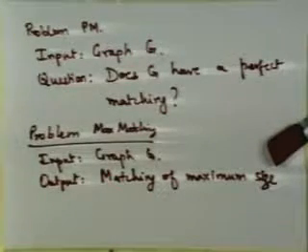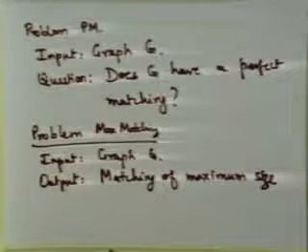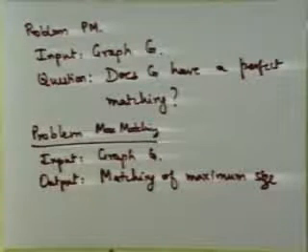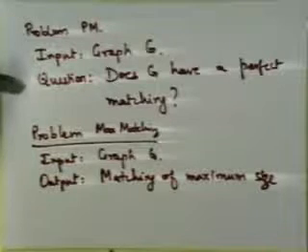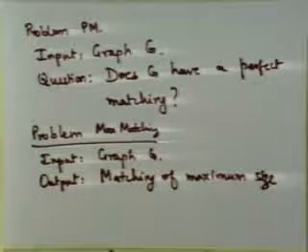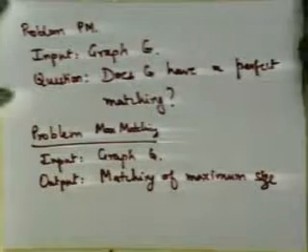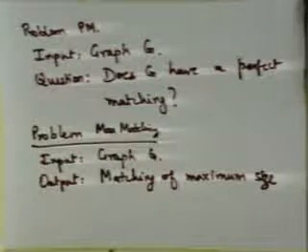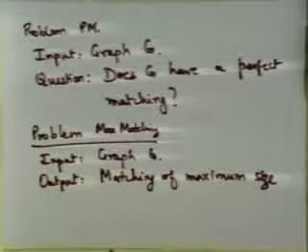Just feed in the same graph G. Look at this matching. If it has V by 2 edges, V is the number of vertices, then the graph has a perfect matching. If it's less than V by 2, then the graph does not have a perfect matching. So given an algorithm for the second problem, it's very easy to construct one for the first problem.